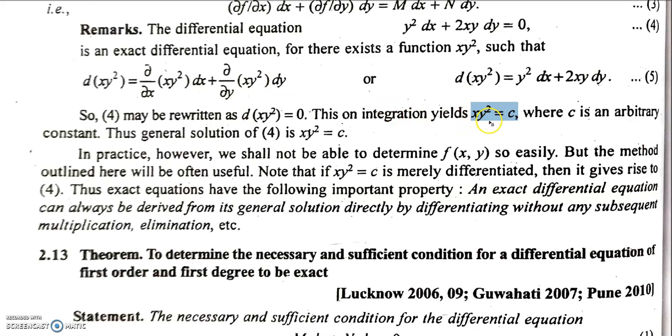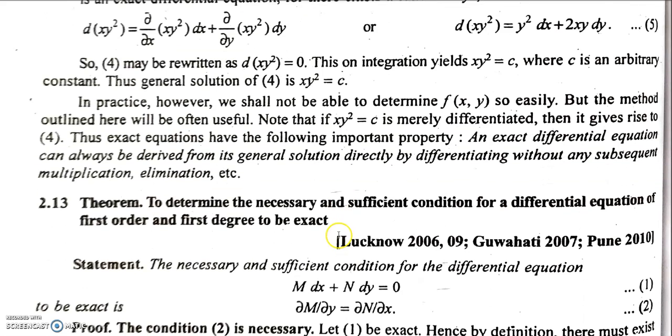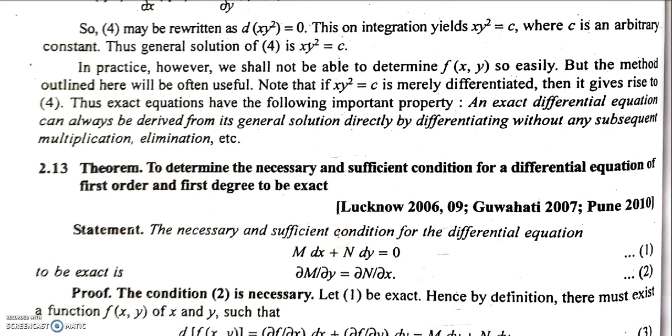Differential means d of x y square, this portion, and you directly get the differential equation. So an exact differential equation can always be derived from its general solution directly by differentiating, without any subsequent multiplication or elimination, etc.